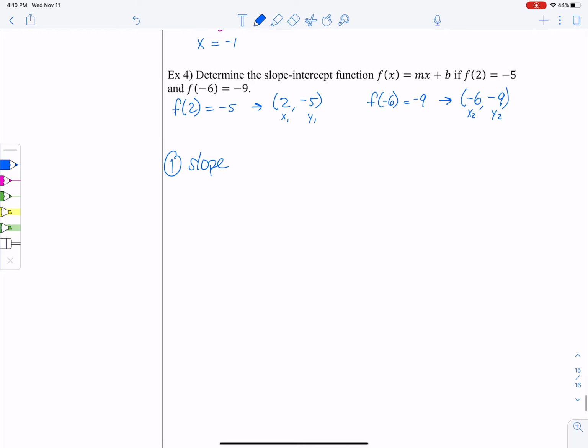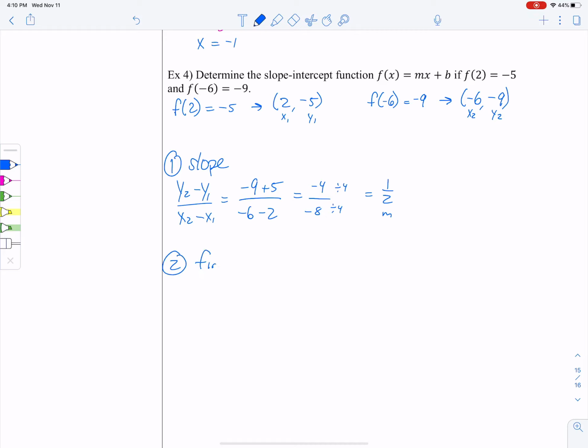So we're going to use our formula, y2 minus y1 over x2 minus x1 with the points that we just labeled. Negative 9, here we have minus minus, so it becomes plus 5. Negative 6 minus 2. So we get negative 4 over negative 8. The 2 negatives are going to cancel, and we can simplify, dividing both top and bottom by 4. So we get 1 over 2 for our slope.